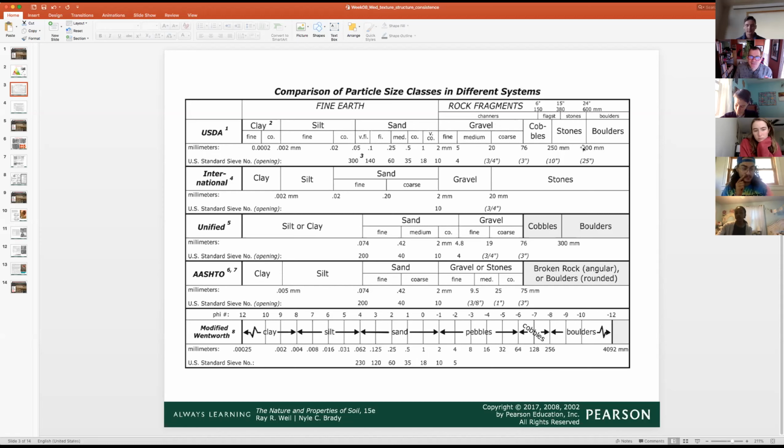So gravel is between 2 millimeters and 76 millimeters. Cobble is 76 to 250. Boulders are greater than 60 centimeters. So they're not quite a meter. So those are pretty big, right? A meter is just over 3 feet. So those are pretty big things.